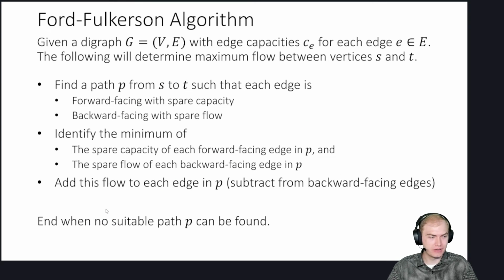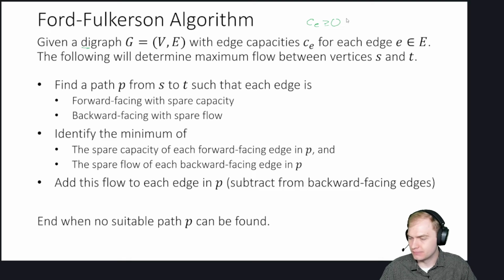The Ford-Fulkerson algorithm is the algorithm that is used to solve this problem. Given a directed graph with edge capacity CE, and CE has to be non-negative for this to work properly, the following algorithm determines the maximum flow between vertices S and T. And in fact, if we add a little bit more to this, it will also find the minimal cut.